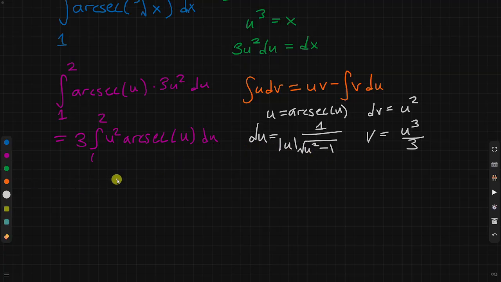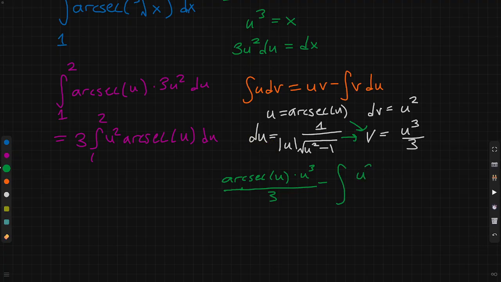All right. So now what we're going to do is multiply the u and v together and then minus the integral of v times du. So multiplying u and v together, we get arcsecant of u times u cubed over 3, and minus the integral of v times du.